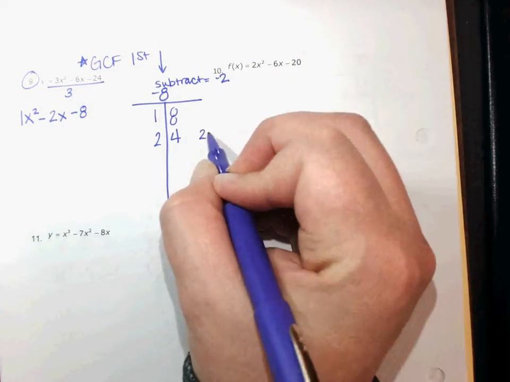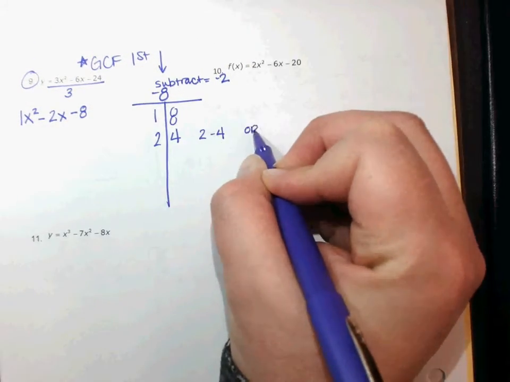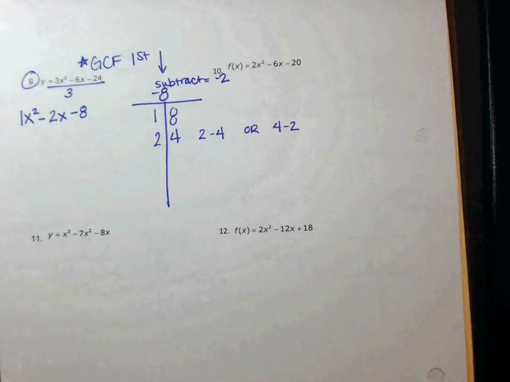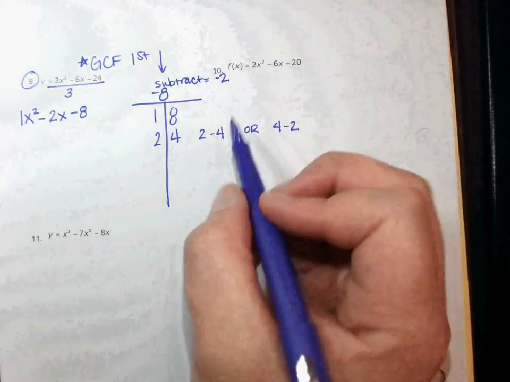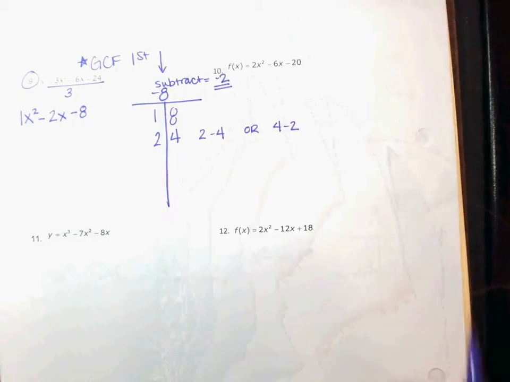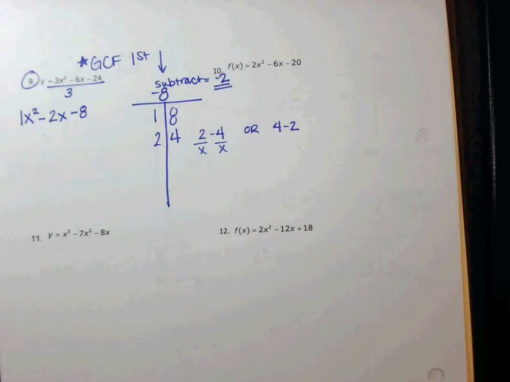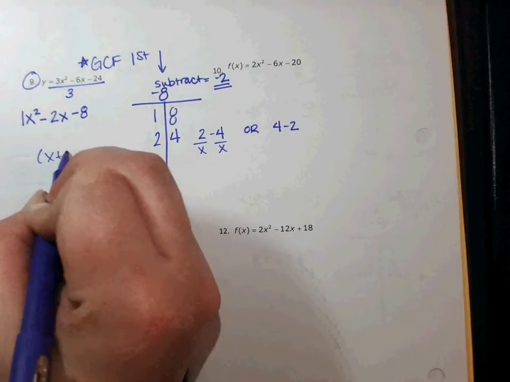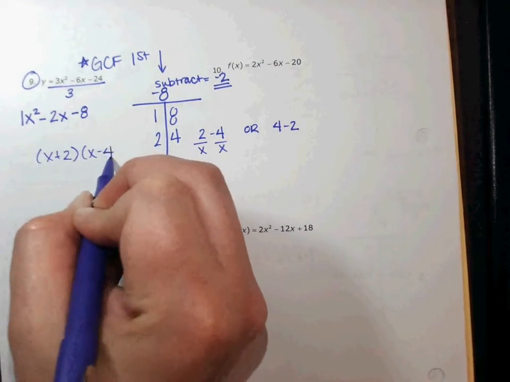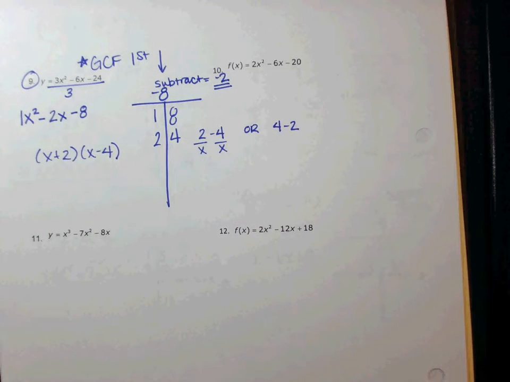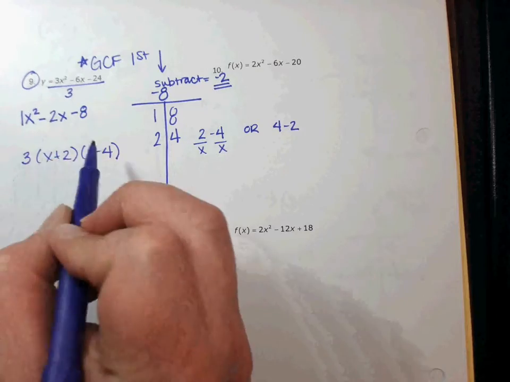Do I want to do 2 minus 4, or 4 minus 2? 2 minus 4, because this is going to give me the negative 2. Then I divide them both by x. What are my factors? X plus 2 and x minus 4. Okay, am I done? What did I forget? That GCF needs to go back in the front.